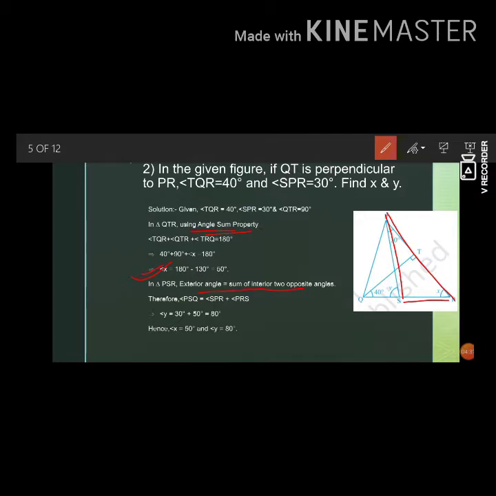So angle Y is equal to 30 plus angle X. Now substituting all the values, we will get angle Y is equal to 30 plus 50. Angle X is 50. So 30 plus 50 is 80 degrees. So our angle X from the given question is 50 degrees and angle Y is 80 degrees.